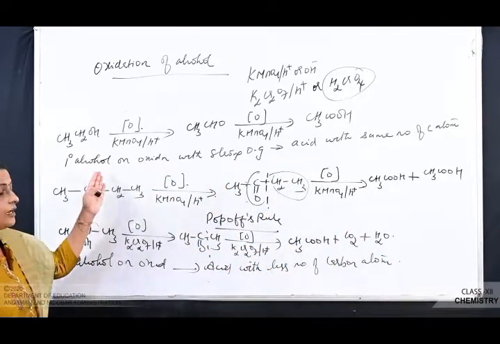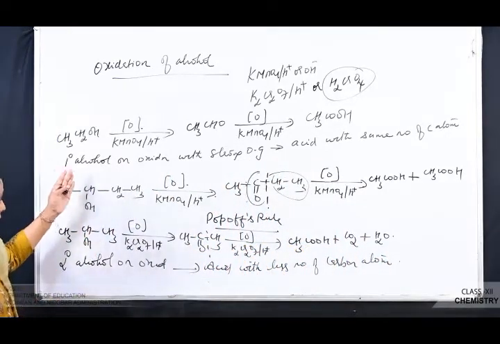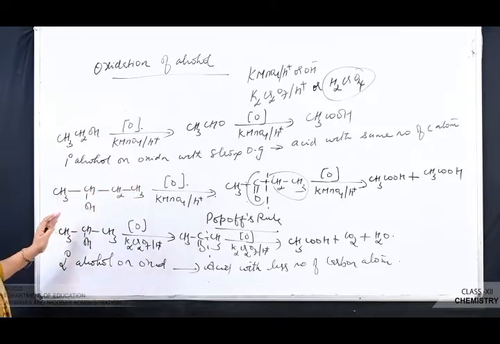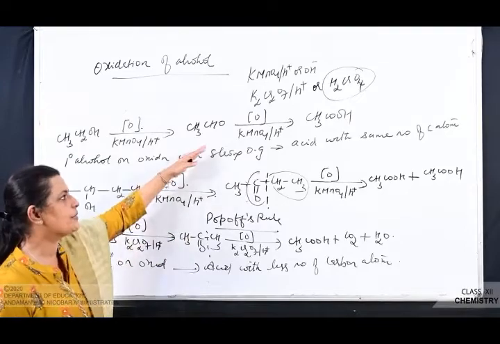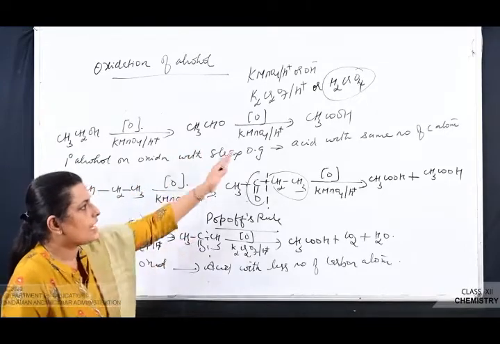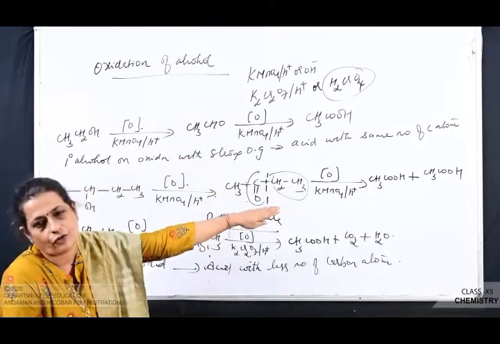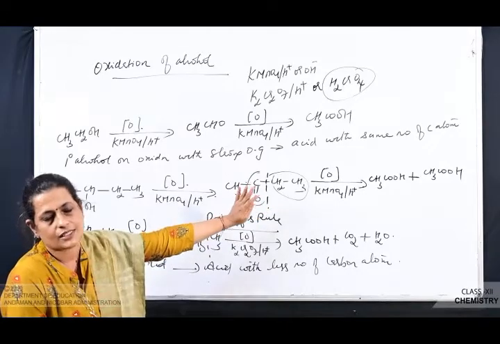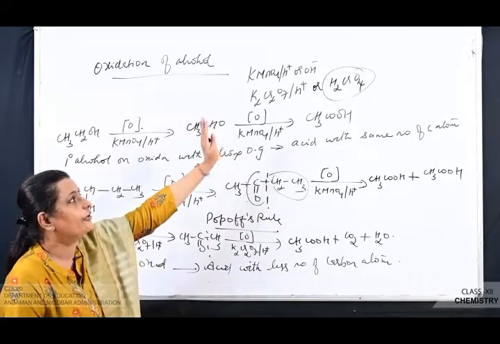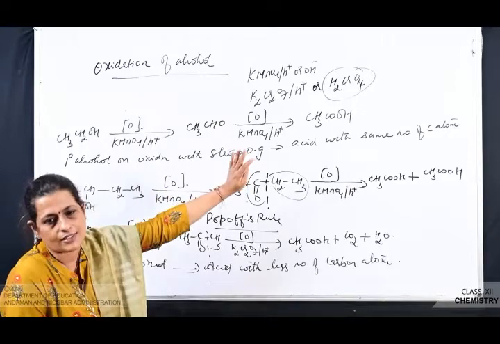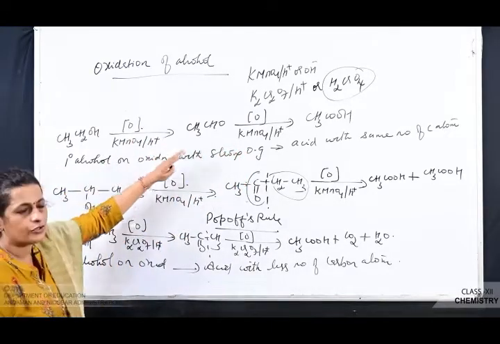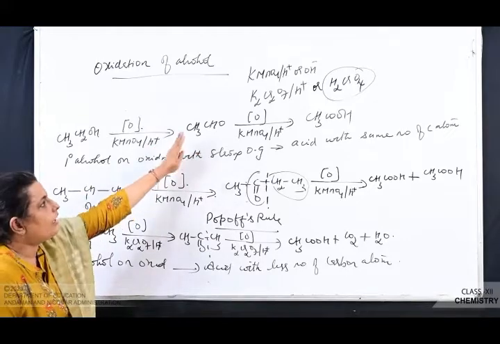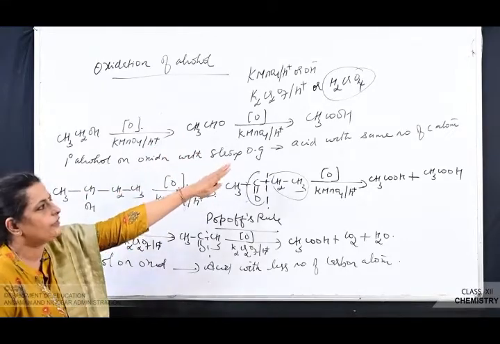These reactions cannot be used to convert an alcohol to an aldehyde or an alcohol to a ketone. Why? The reaction will not stop with the formation of aldehyde or ketone. The reaction will stop only after the formation of carboxylic acid, because KMnO4 and dichromate are very strong oxidizing agents. So in these cases, the reaction won't stop with the formation of aldehyde or ketone. It will stop only with the formation of acid.